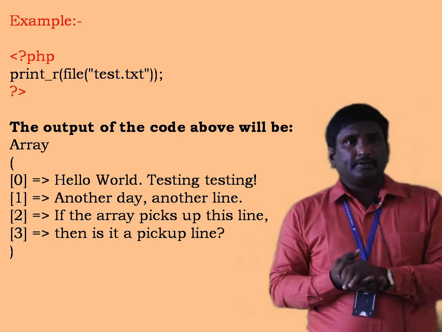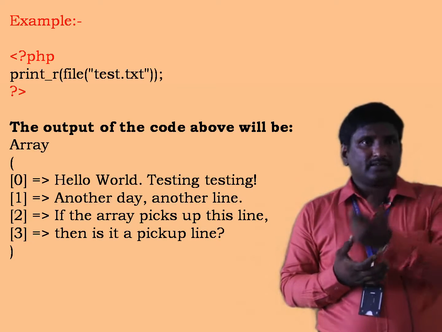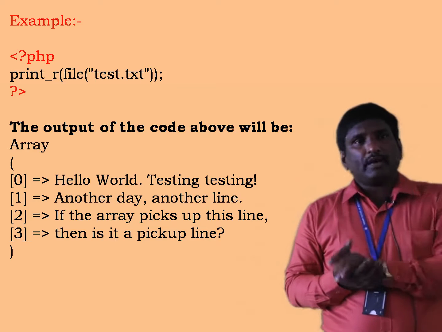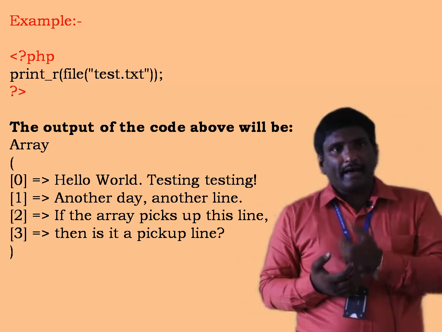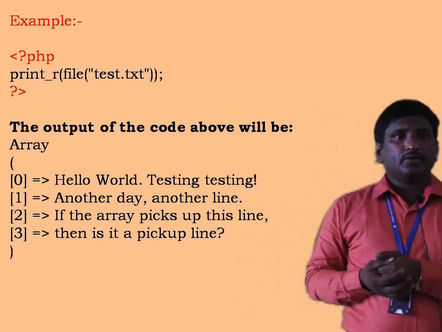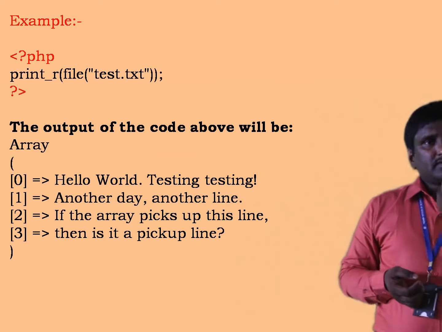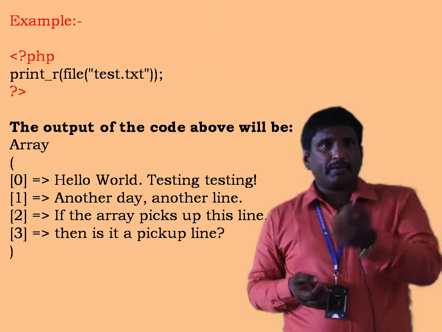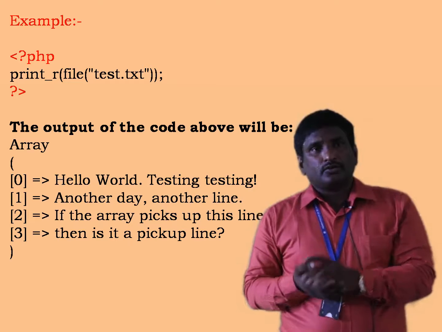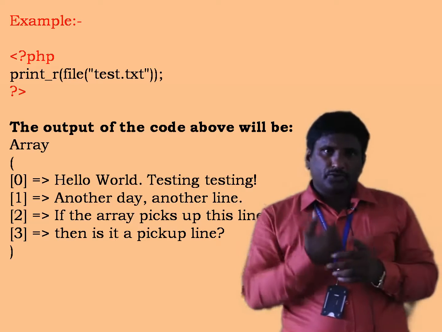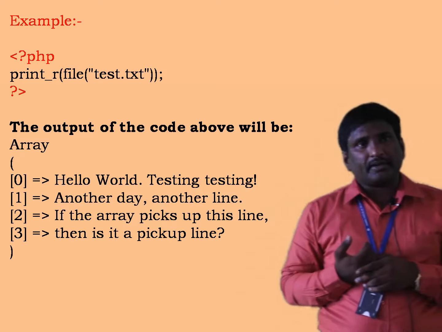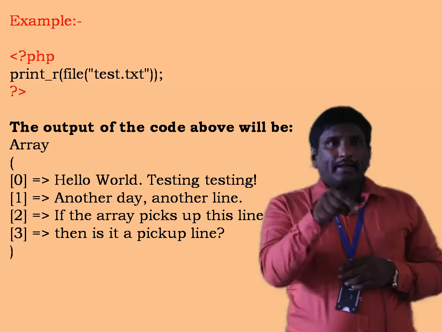In this, I just print test.txt. If you use the file function on test.txt, it will be treated as an array, an indexed array. So I straight away printed this using print_r, which shows the content available. If you want to print it some other way, you can use a while loop. So here is an array of indexed array.